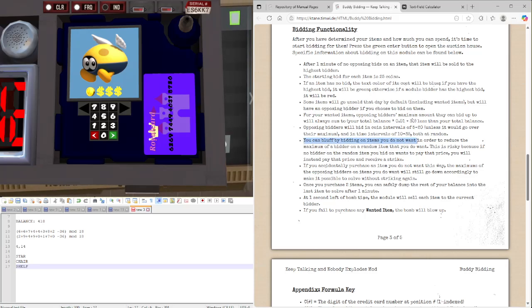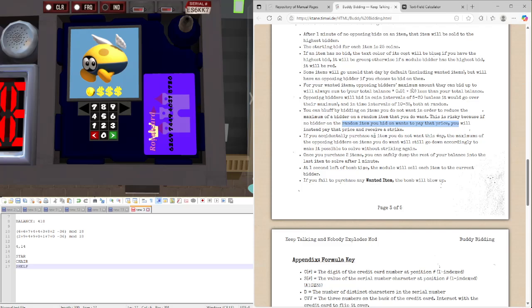You can bluff by bidding on items you don't want in order to reduce the maximum bid of other bidders, but it's risky, because if you get items you don't want you get a strike. If you purchase items you don't want, the maximums do get lower, so you aren't screwed over selling the module. Once you purchase 2 items, you can safely dump the rest of your balance on the last item.